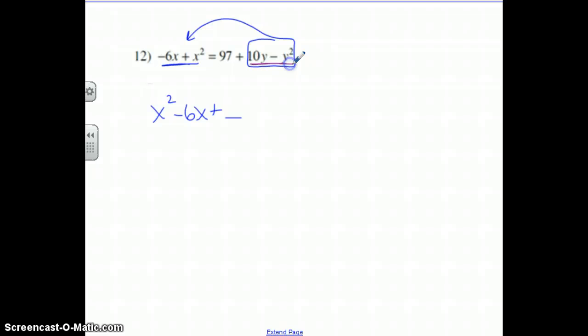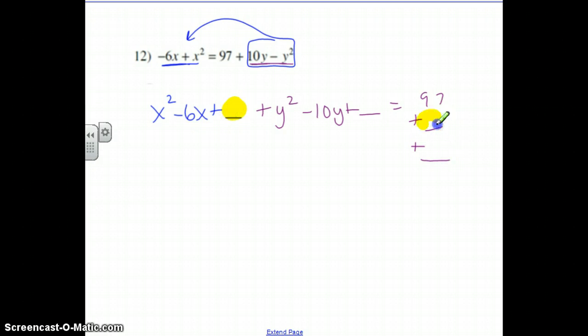If I bring all of this over, I have a positive y squared minus 10y, and I'll create some number. And it looks like the 97 is already on this side, so I'll add 97 plus two other numbers. Whatever number goes here, I add it to this side to stay consistent, and whatever number goes here, I add it to this side, just because whatever I do to one side of the equation, I have to do to the other.